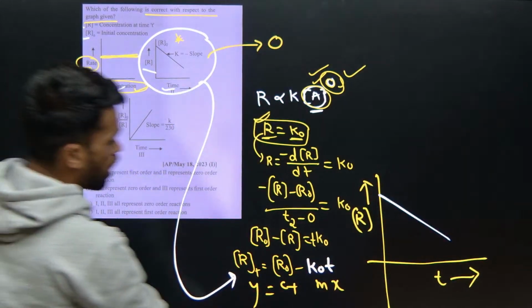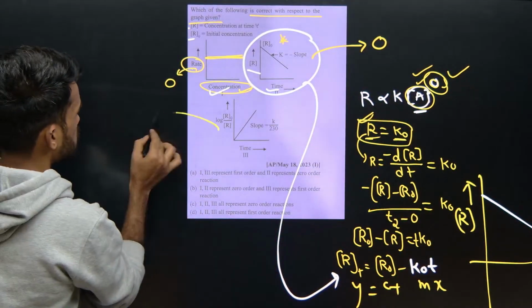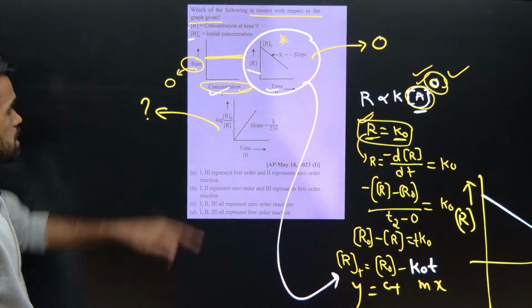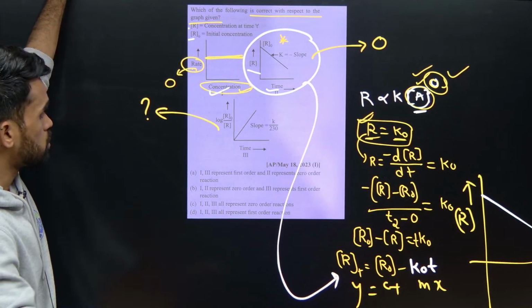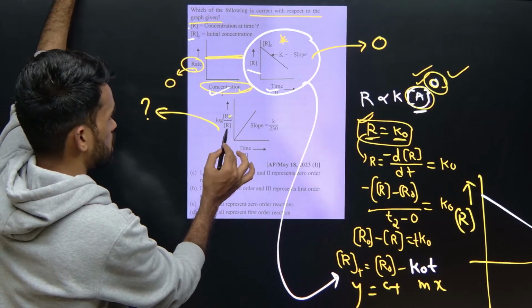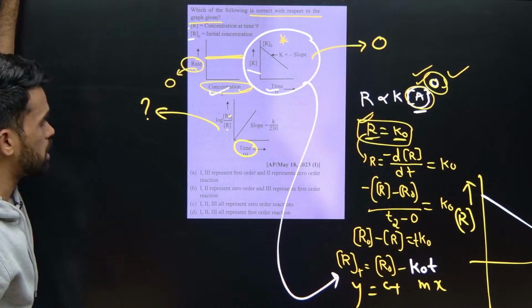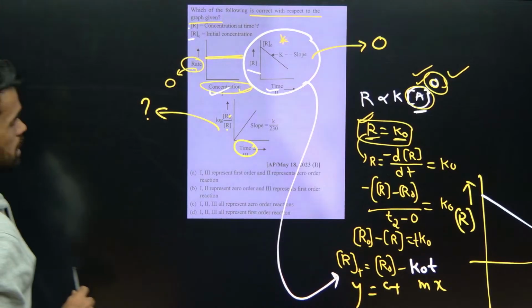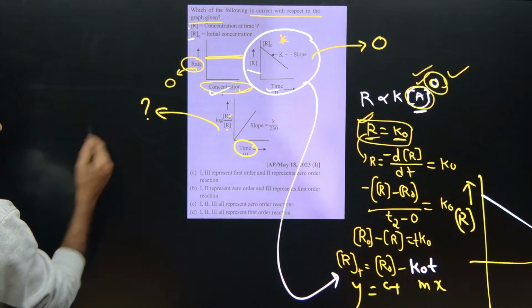When it comes to the third graph, just look at graph number 3 here. What does this correspond to? They are saying log of initial concentration by final concentration versus time. Just now we solved it for a 0 order reaction. How are they related? Let's check whether it is 0 order or first order.